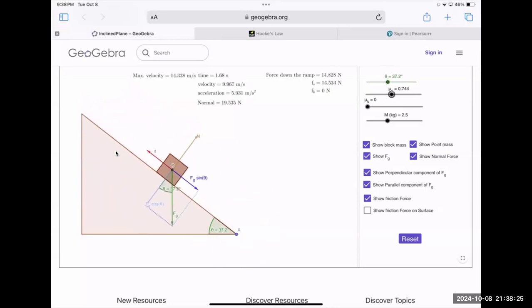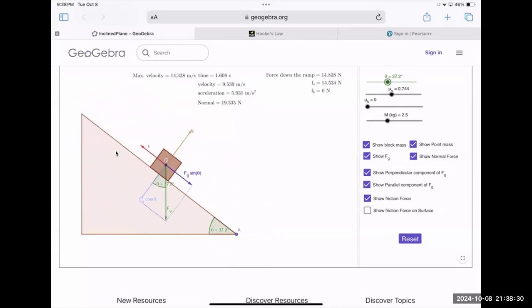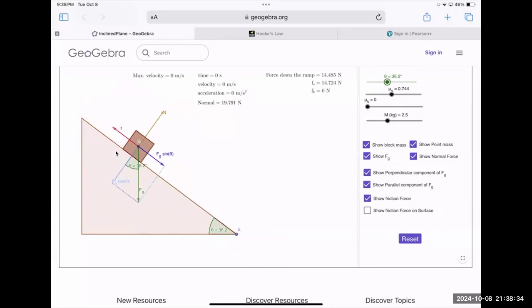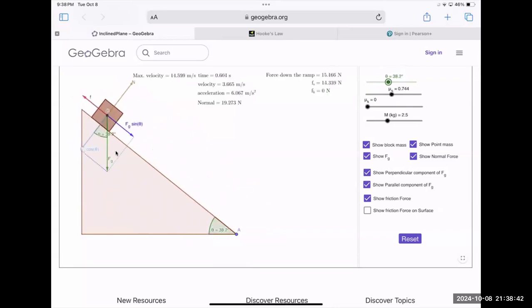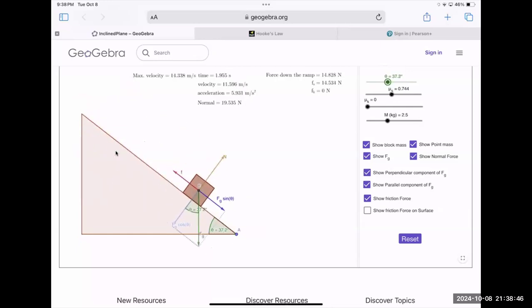What if I decrease it and then it stops? At this angle it stops, 36.2. If you increase just a little bit, at 37 it is increasing. 37.2, yes, increasing.